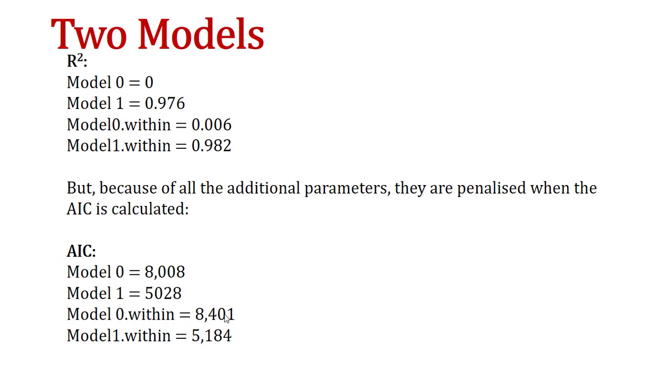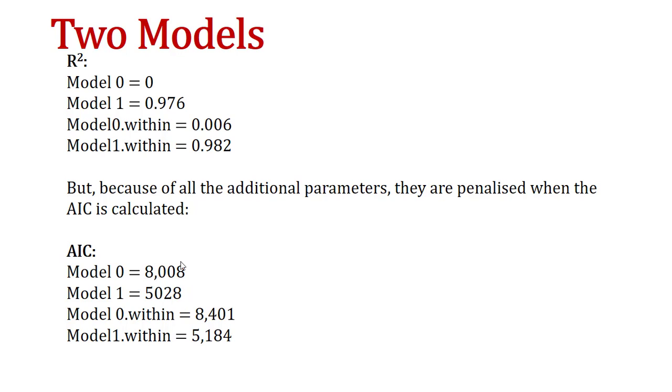That's because of the penalty the model receives for having 199 extra parameters. And model 1, again, is worse in terms of predicting than model 1 within, but the AIC is lower, so therefore it is a better model.